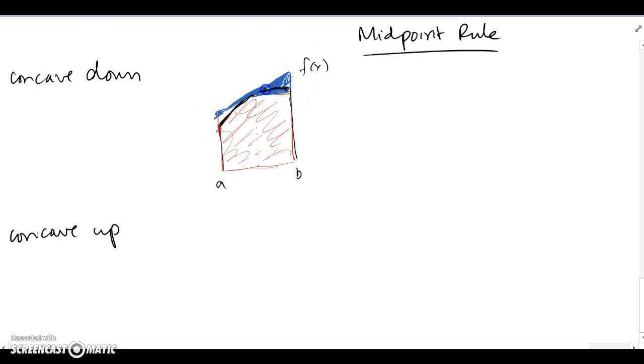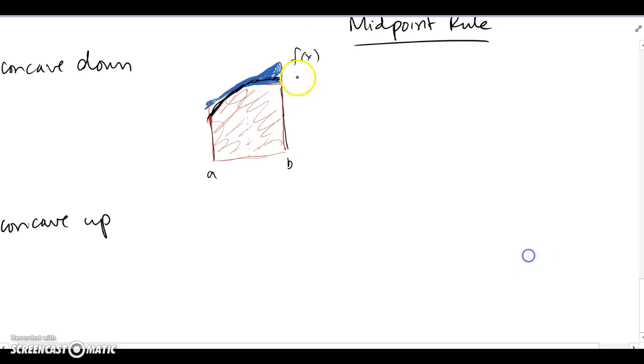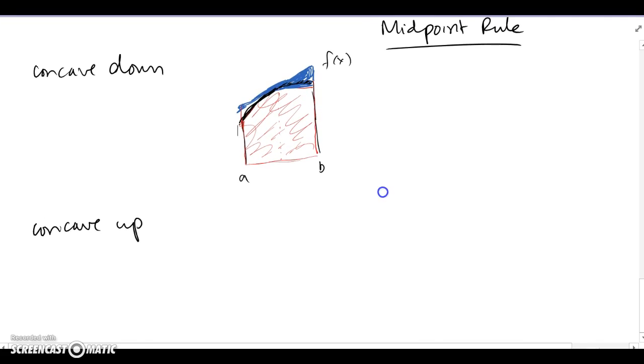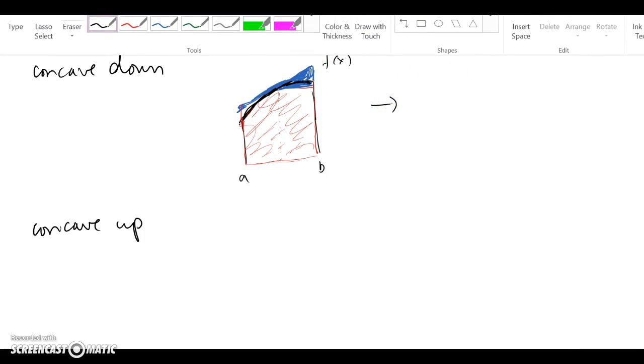So if I do it that way, then notice that clearly the midpoint in the concave down version is actually an overestimate, because it goes a little bit over here and a little bit over here as well. So this is going to be an overestimate.